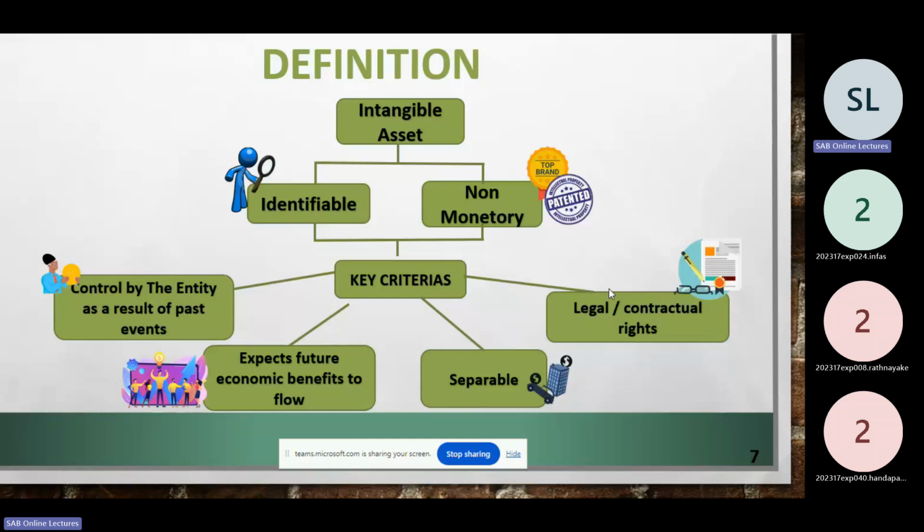Also, non-monetary means it's non-cash or non-cash equivalent. It can generate economic benefits. These are the key criteria: controlled by the entity, the result of past events, and expected future economic benefits flow.